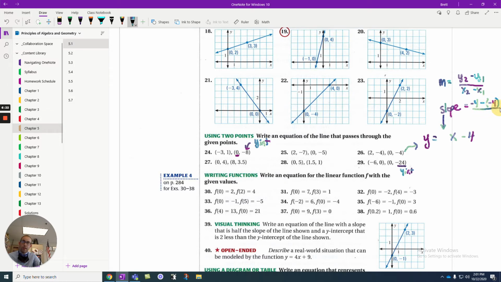That's divided by the x in the last one, which is 0, minus the x in the first one, which is 2. That should give me 0 over negative 2. And you might be tempted to just write 0 over negative 2.